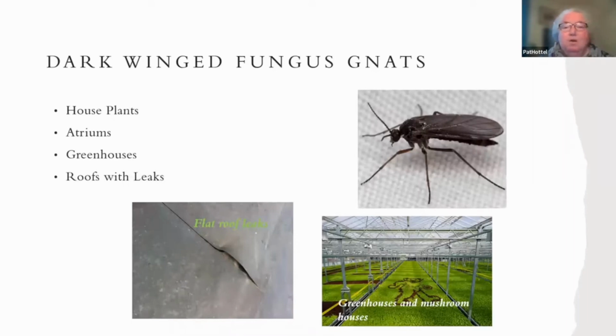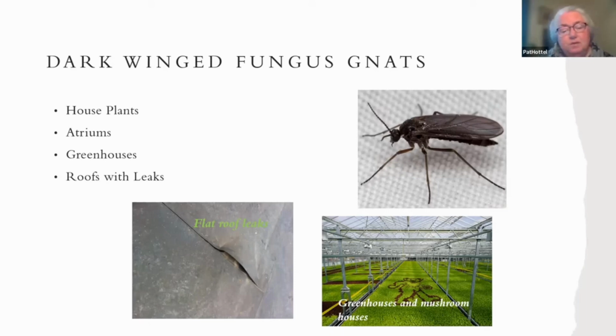Last of our small flies that we're going to talk about is the dark-winged fungus gnat. When we say fungus gnats, we often think of house plants, maybe atriums, but they are pests of greenhouses. So in any facilities that are growing lettuce under glass or tomatoes, you can see fungus gnats associated with that. And then roofs with leaks.